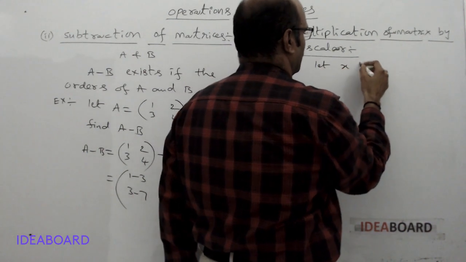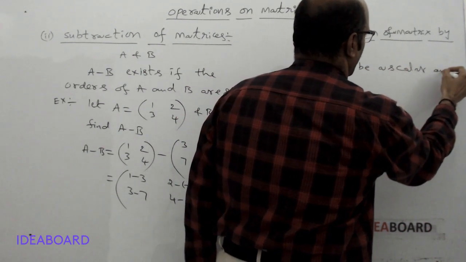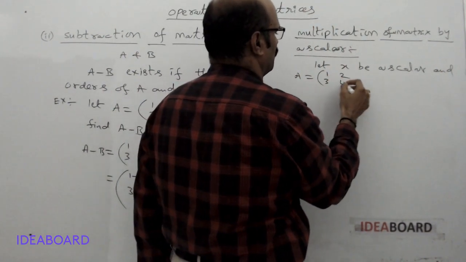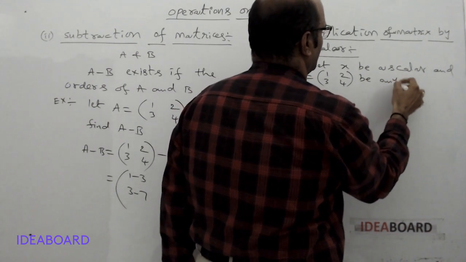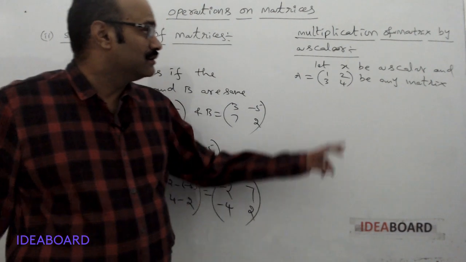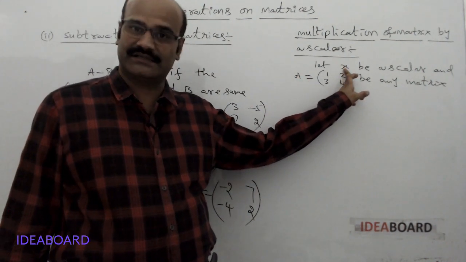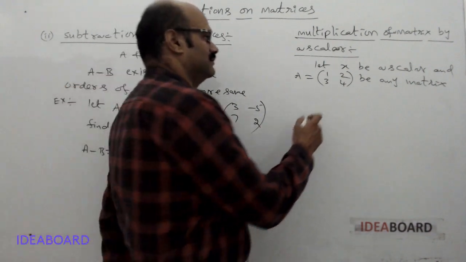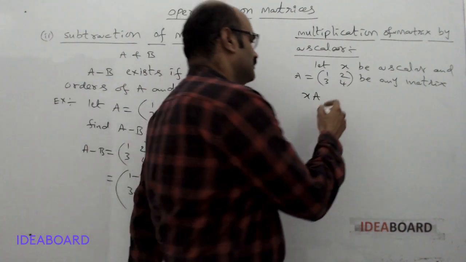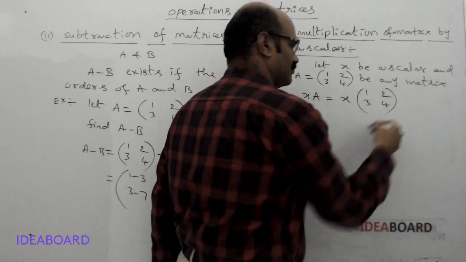Let x be a scalar and A equal to [1, 2; 3, 4] be any matrix, then the multiplication of this matrix by the scalar x denoted by x into A equal to x into [1, 2; 3, 4].